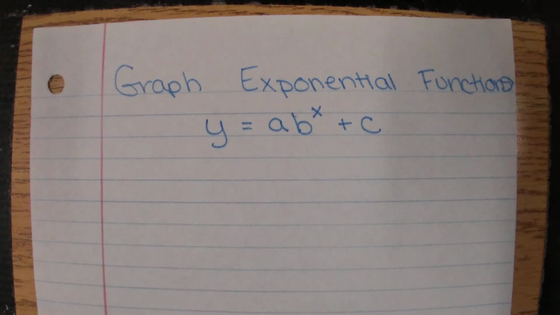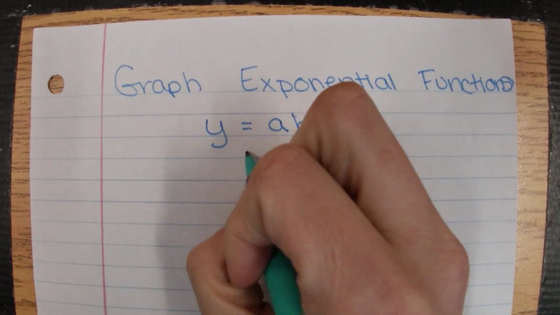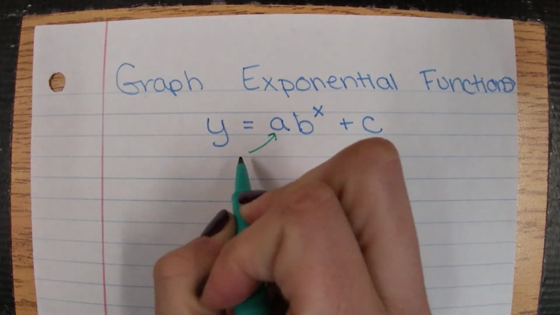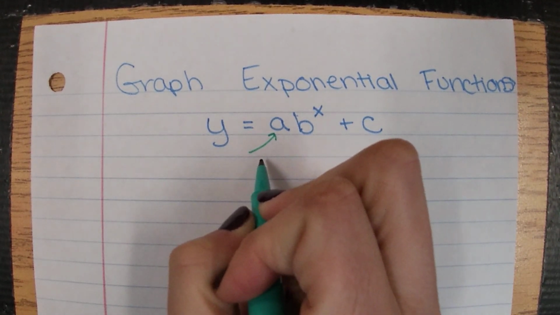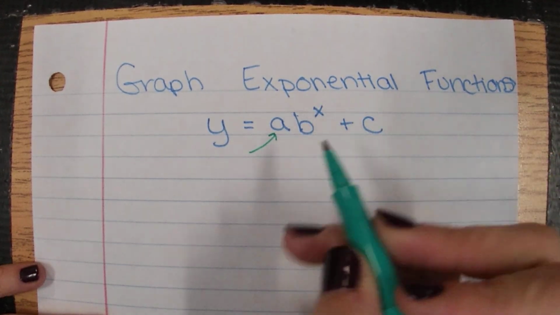Just like before, that a, b, and c tell us some important information. The a is still going to tell us if it opens up or if it opens down, but we're going to have a different shape this time. New type of function, new type of shape.